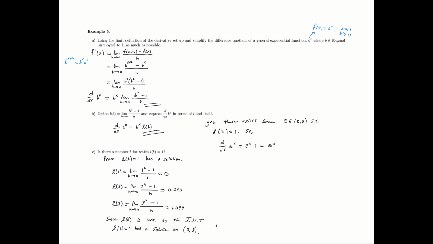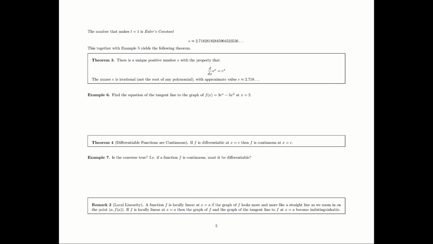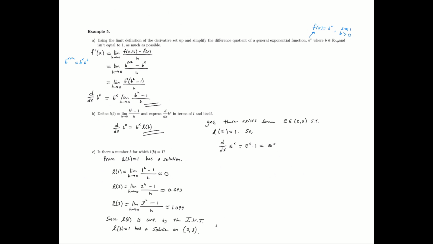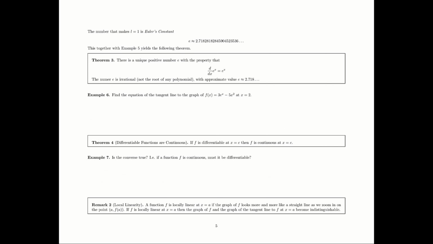Now, there's a reason why I use this capital E for some existing exceptional number: the number that actually makes this work is Euler's constant, which in math we use a lowercase e. So that was just a little hint as to what it was. So the number that actually achieves this is e.